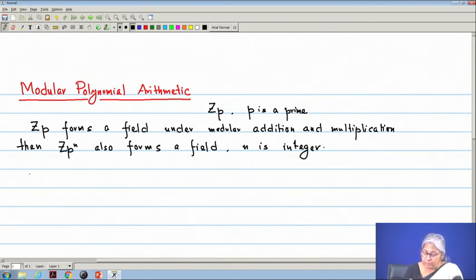Now, if we remember, whenever we did Z8 and studied the properties, we saw that Z8 does not form a field.